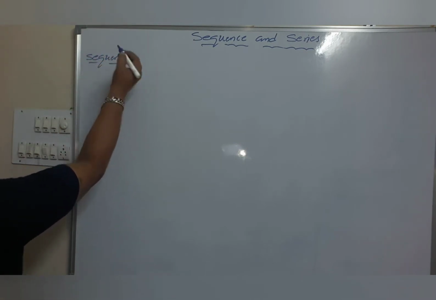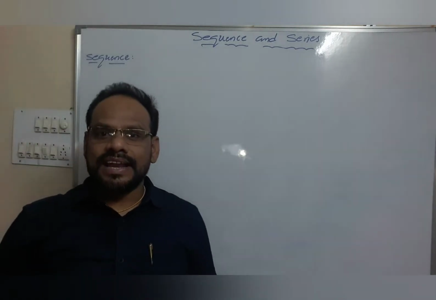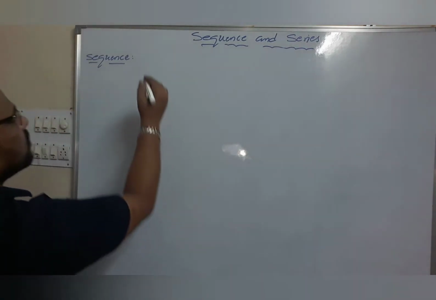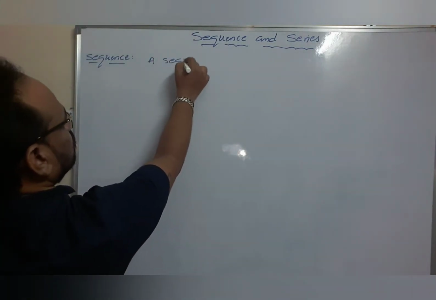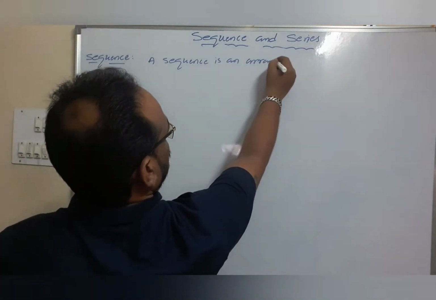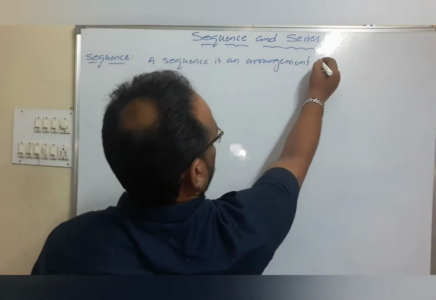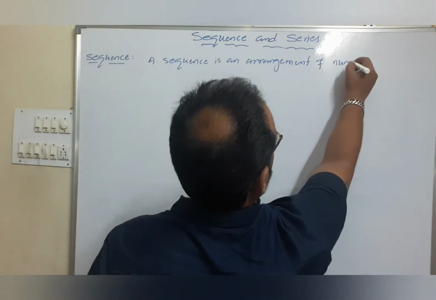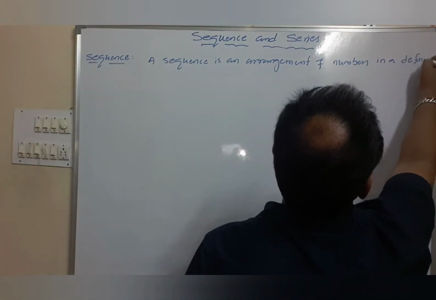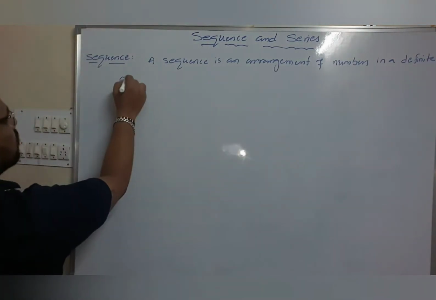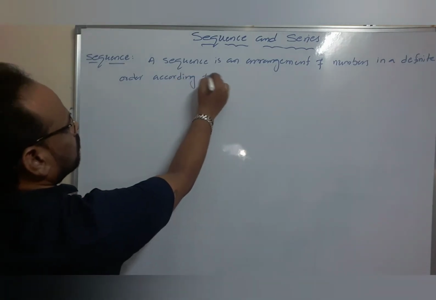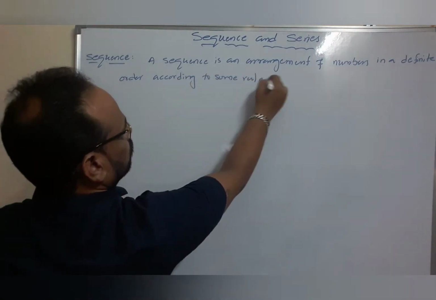What is sequence? Sequence is an arrangement of numbers in a definite order according to some rule.